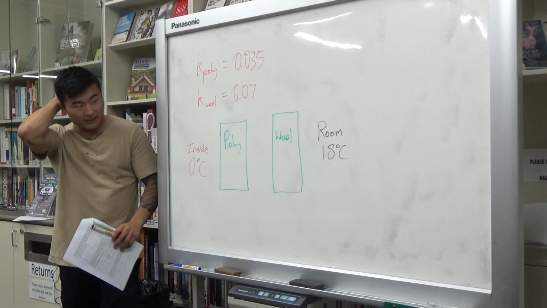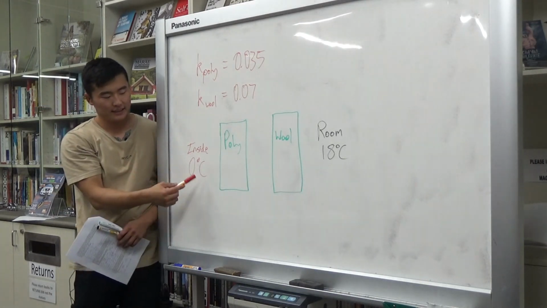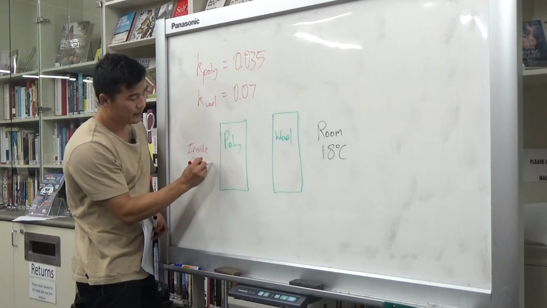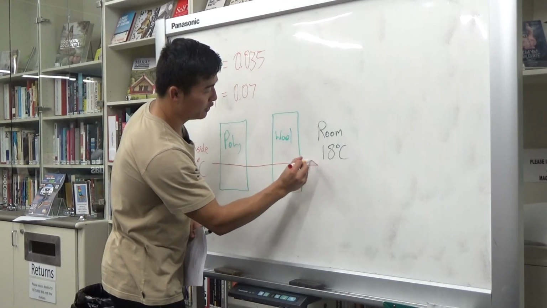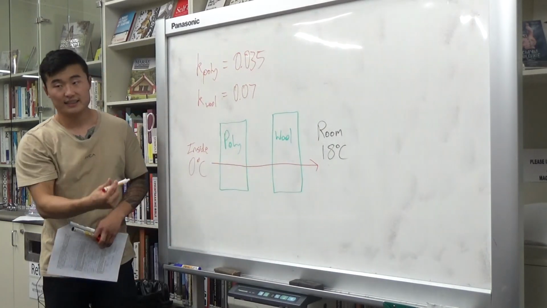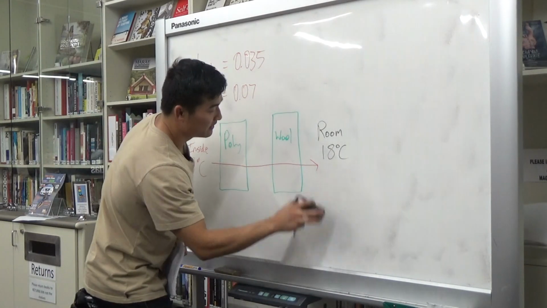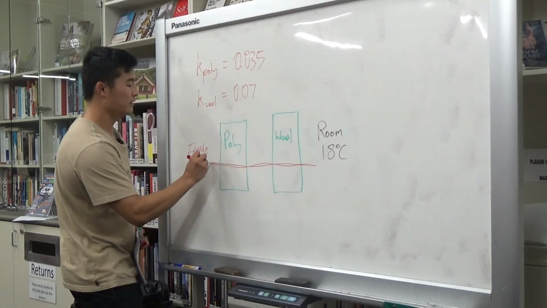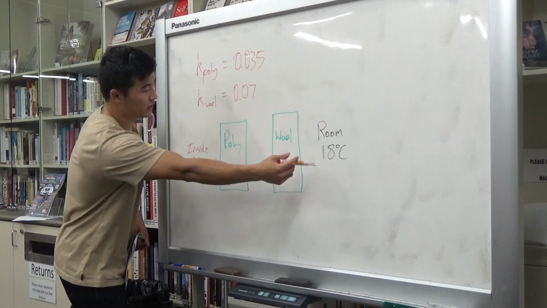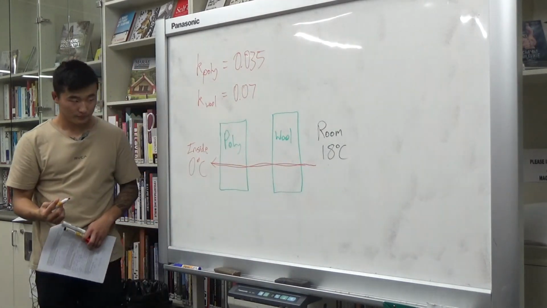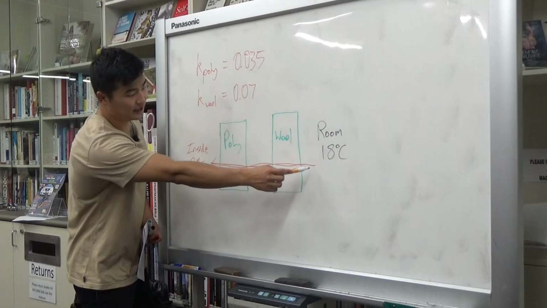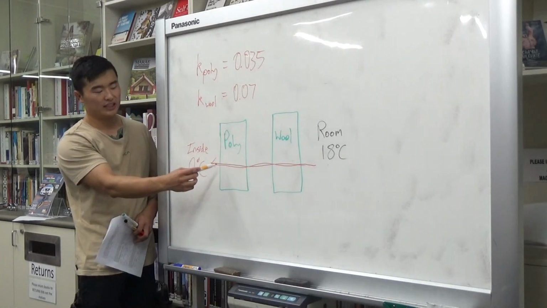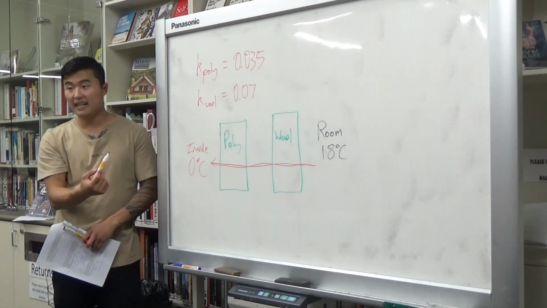So what's happening is the heat energy has to go from inside, oh sorry, that's the other way, because heat goes from hot to cold. So the heat has to go from the outside through the wool layer and then through the polystyrene layer in order to get to the inside, right?